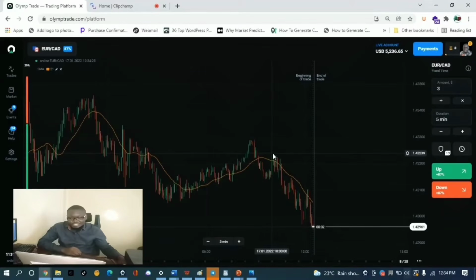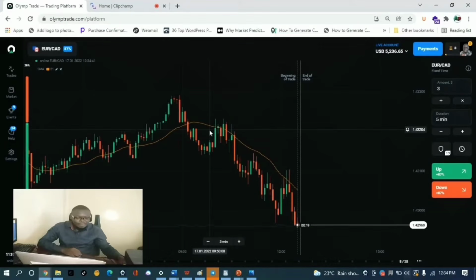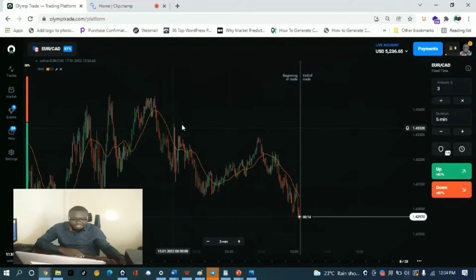So if you look at it, you'll already notice that prices are falling on this chart. If you look at it here, it continued to fall, and here it's still falling. So look at that, and you can already tell that we are on a downtrend. So if you want to trade on that, you can use that signal to trade downwards.